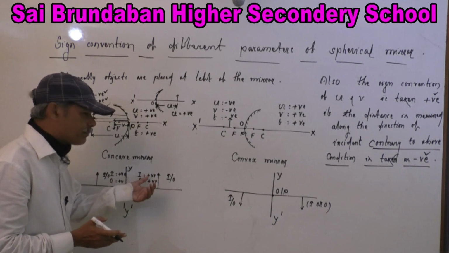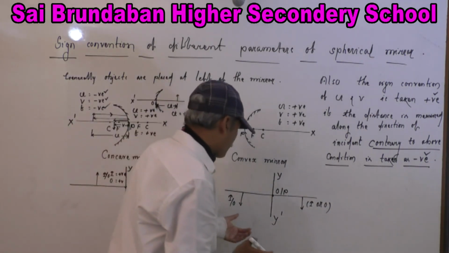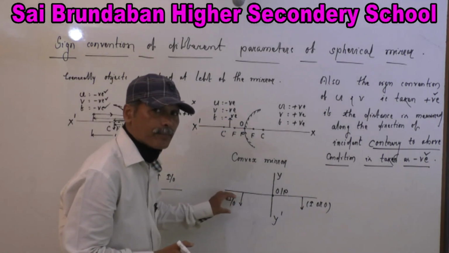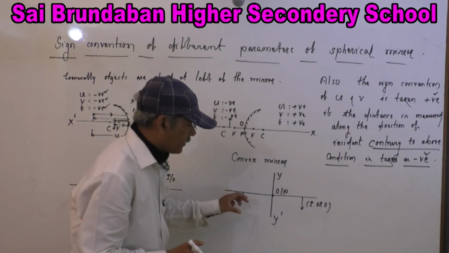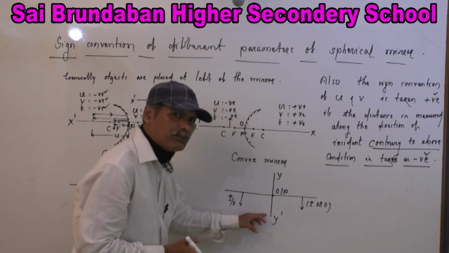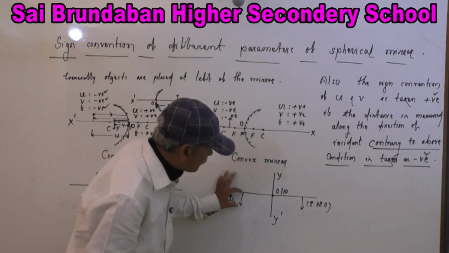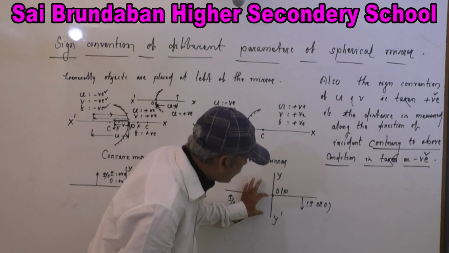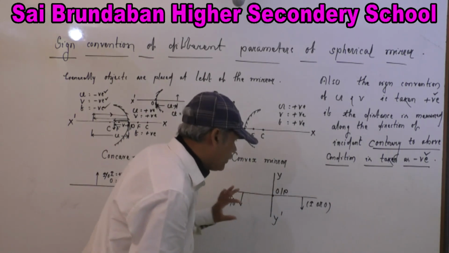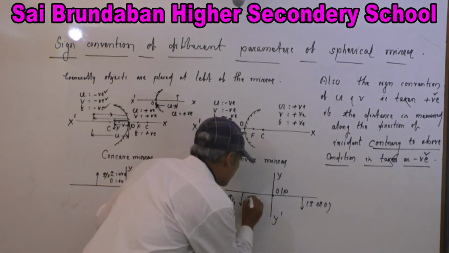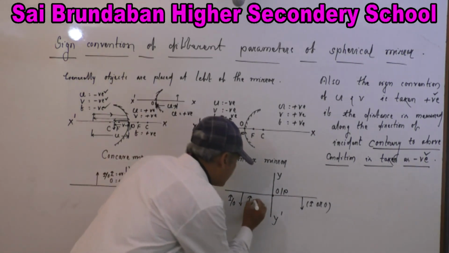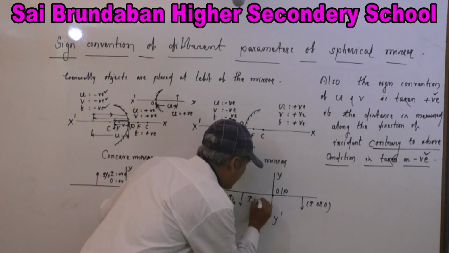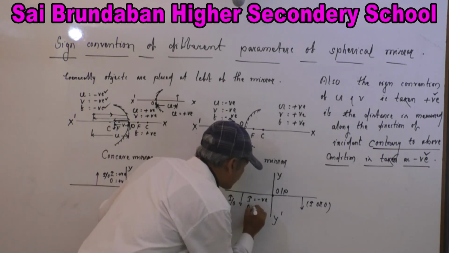In this case, the lengths are measured parallel to the negative y-axis. So the sign given to the image is negative, and the object is also negative.